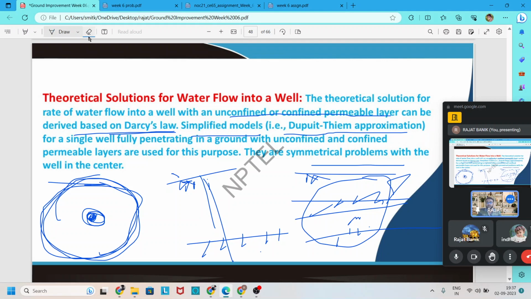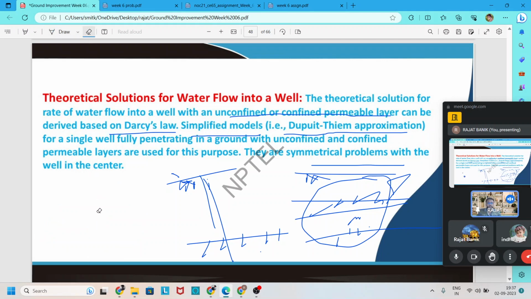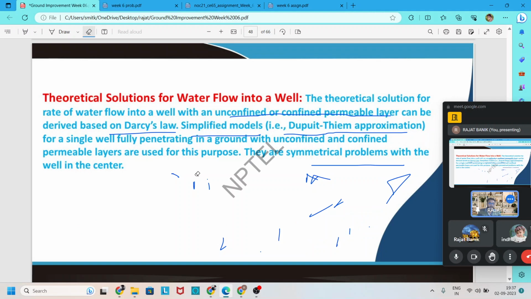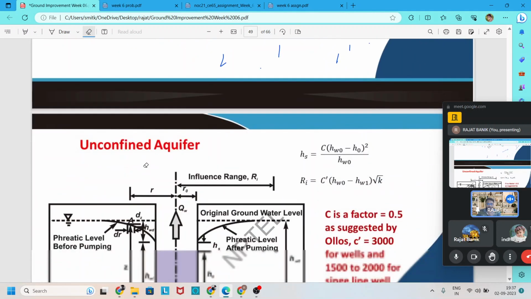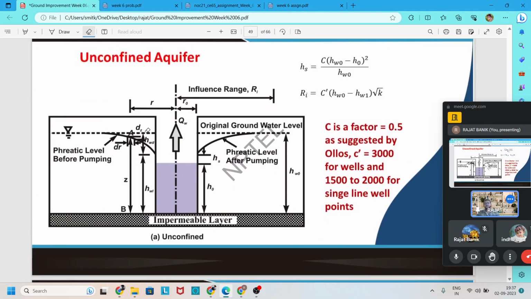So one by one, for unconfined and confined soil, we need to find out. First we discuss the unconfined aquifer.